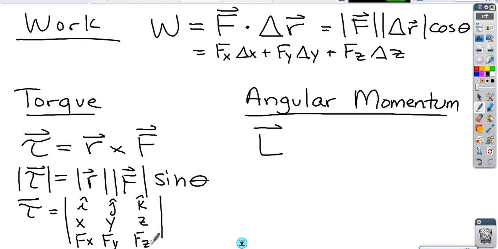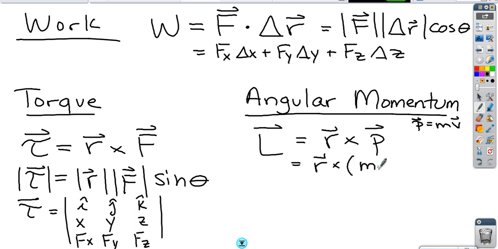Angular momentum is the rotational analog to linear momentum, and so it takes the r vector and crosses it with the momentum vector. Momentum is mass times velocity, so momentum itself is a scalar times a vector. So you can rewrite this in a couple different ways. For one, you can do r cross and substitute in m times v.